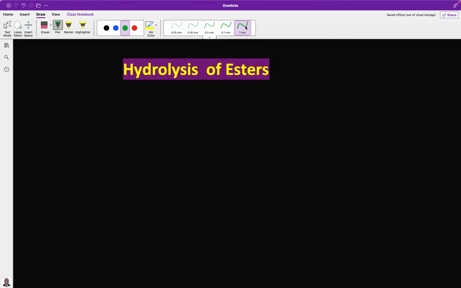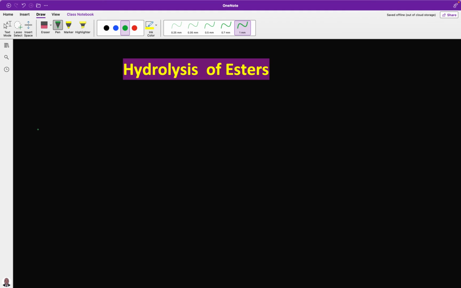You can hydrolyze esters in acidic condition or alkaline condition. Under acidic condition, or acid hydrolysis, you are going to use dilute sulfuric acid. But if you are going to use alkaline hydrolysis, you are going to use aqueous sodium hydroxide. Let's start with acid hydrolysis of ester.